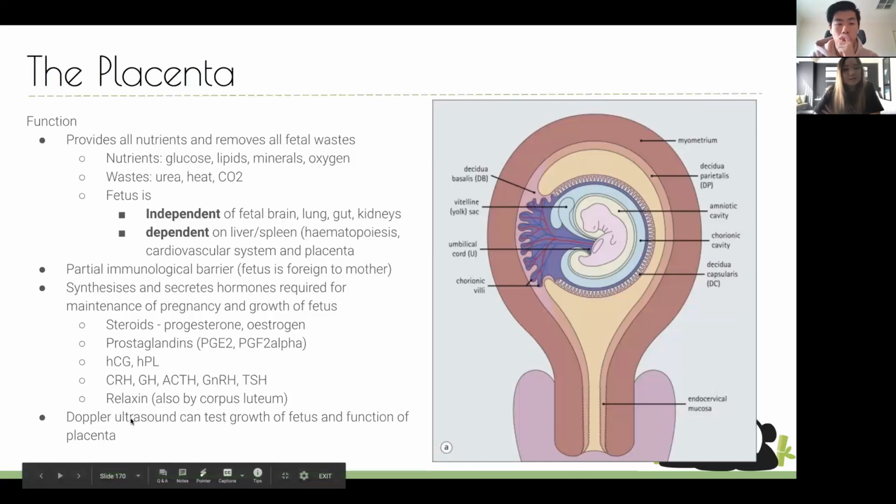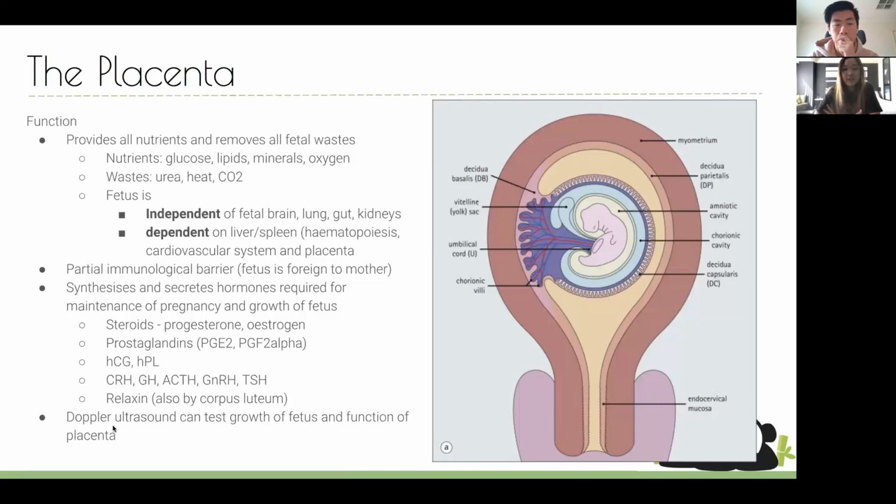And then, Doppler ultrasound can test the growth of the fetus and function of the placenta. It's different to a regular ultrasound because a Doppler looks at your vasculature and the blood flow in these things.